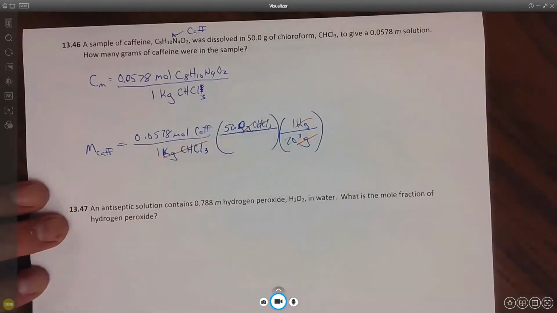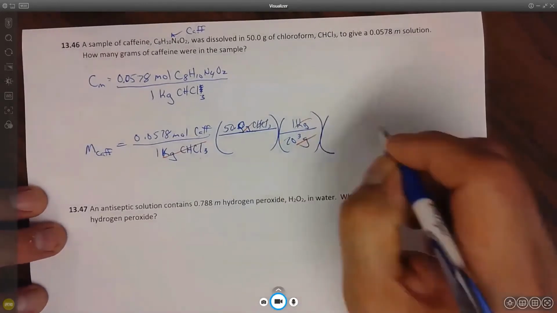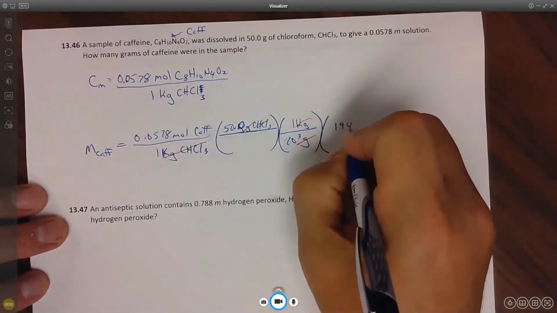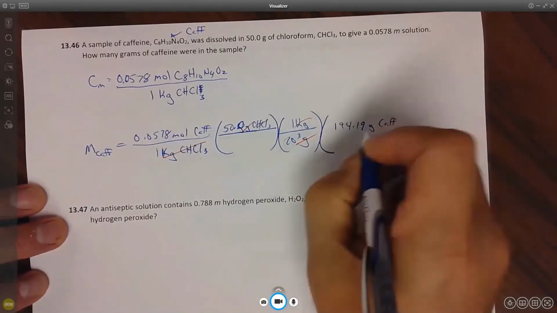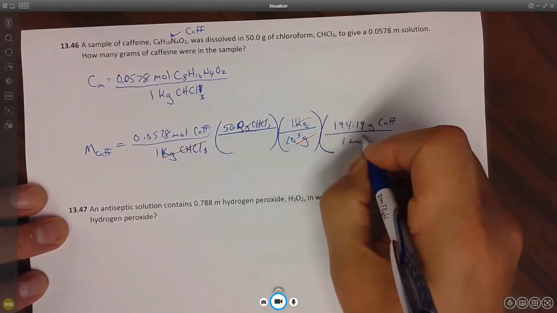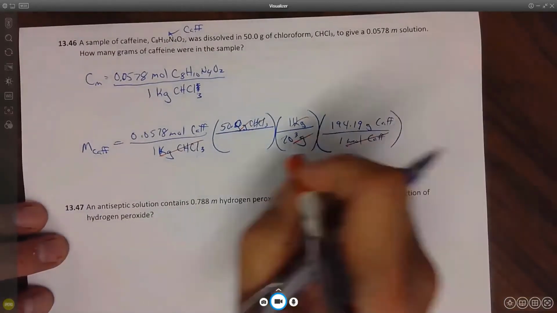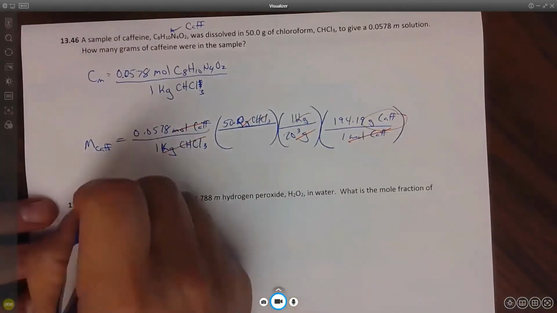So everybody follow that so far? Okay, so now I am going to simply multiply this by the molar mass. So the moles of caffeine cancel, and now I have grams of caffeine. That's exactly what I was looking for.